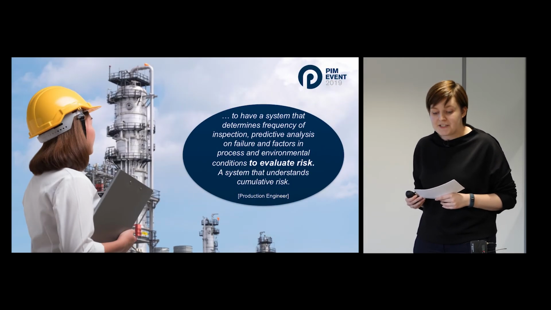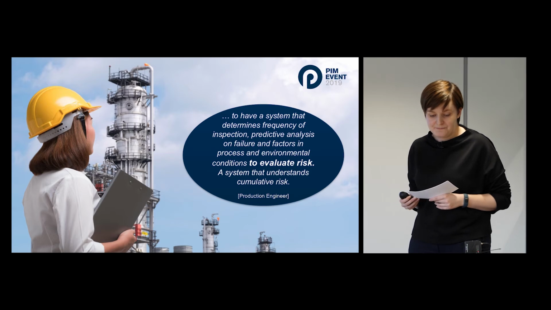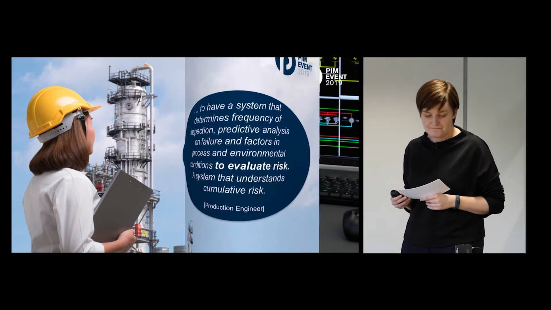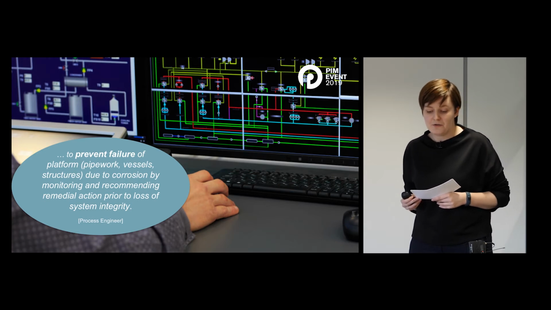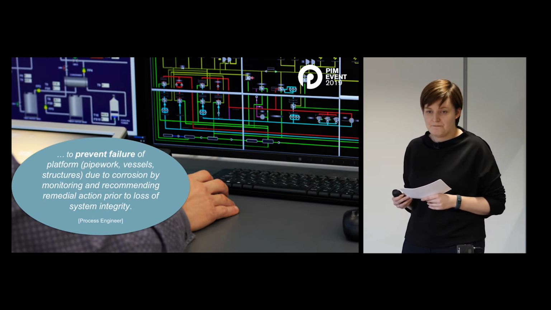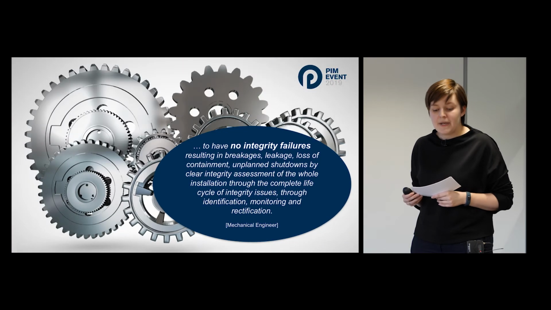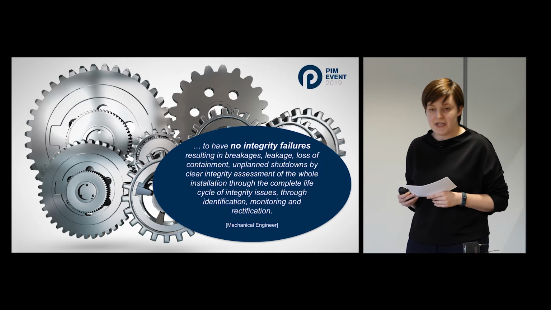Production engineer expects from integrity management to be able to evaluate risk. Process engineer expects to prevent failure of platform. Mechanical engineer expects to have no integrity failures on the asset.